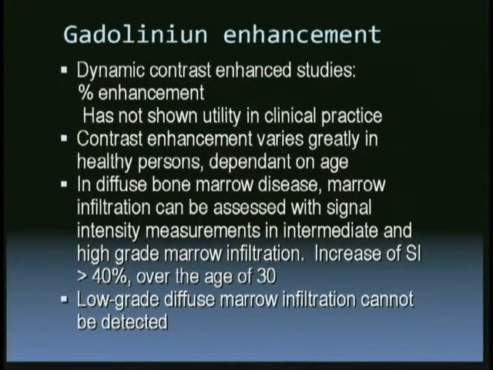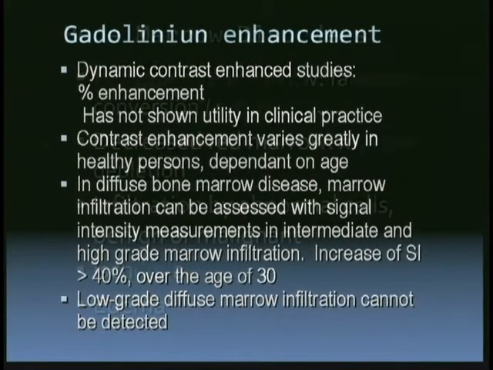Some studies have evaluated diffuse bone marrow disease and have determined that over the age of 30, if there's an increase in signal intensity of more than 40% following IV injection of gadolinium, then it's abnormal. It has to be considered abnormal marrow, but that's not very sensitive, and it misses all the low-grade diffuse marrow infiltrations that can occur.